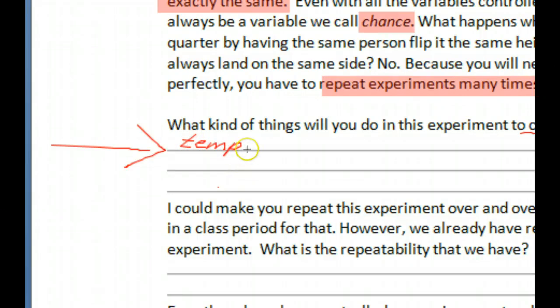You might want to try to make sure you had the same type of gum. Maybe you wanted to make sure that you made the weigh boat the same every single time you did the experiment, that you weighed the gum at the right intervals, that you watched the time very carefully to make sure that you were taking the gum out of the mouth at exactly the same time.